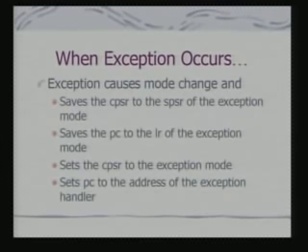Then it saves the PC to the link register of the exception mode, sets the CPSR of the exception mode, and then sets the PC to the address of the exception handler. In fact, all of these exceptions are associated with a vector, that is a memory address at which the exception handler is expected to be located.